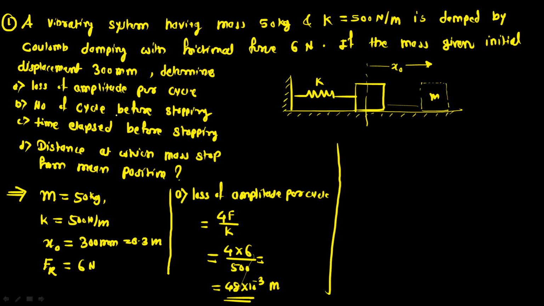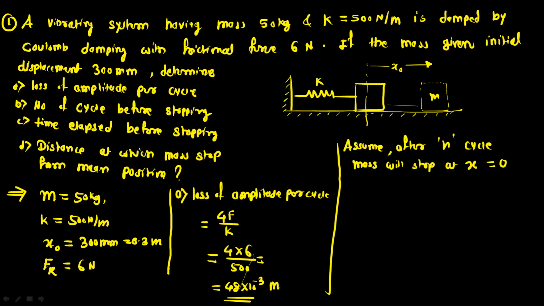The second question is the number of cycles before stopping. Okay, so we will assume that after performing some n cycles, the mass will stop at x is equal to 0.